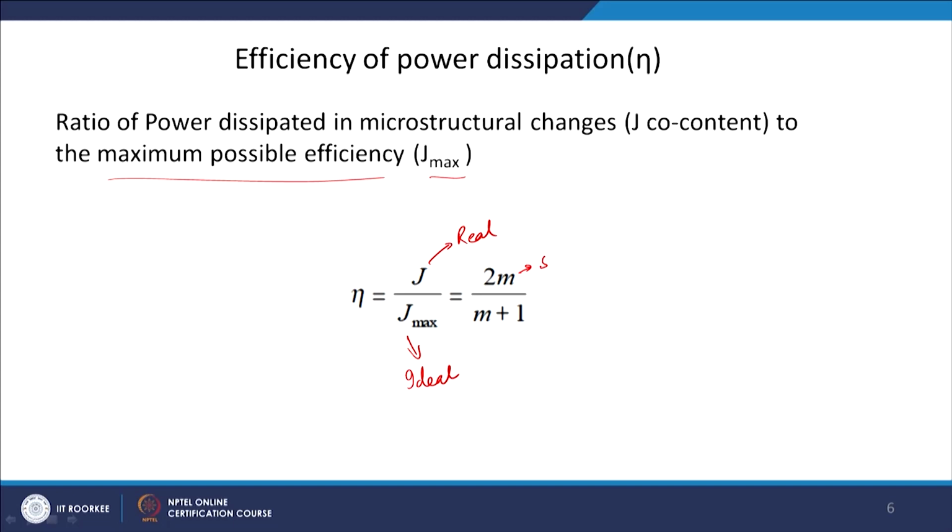All these desirable microstructural changes take place where you have higher efficiency. That is what we are looking for here, and it is simply dependent on the strain rate sensitivity. Only one material parameter, the strain rate sensitivity of the material. If strain rate sensitivity is high, then obviously I will have higher efficiency.